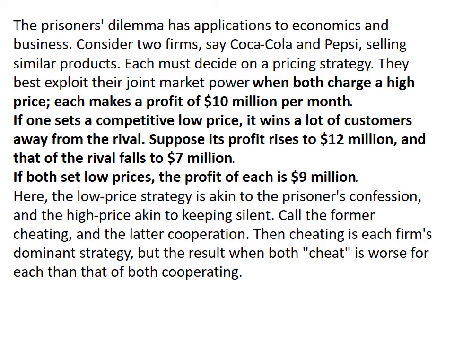The prisoner's dilemma has applications to economics and business. Let's say we're dealing with Coca-Cola and Pepsi selling very similar products. I'll let you read this on your own. But again, each one has to decide on a pricing strategy. Are they going to undercut the other? Are they going to charge the same amount? What are the strategies that they're going to employ? I'll let you read this, pause, and then come back. And again, we'll look at this with a concrete example.